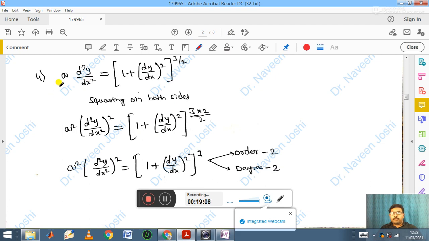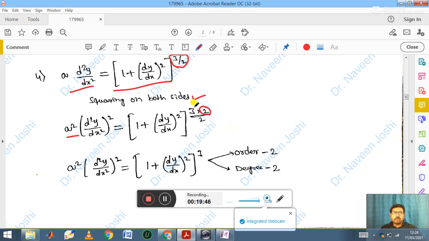Fourth one, the given differential equation is a d²y/dx² equals (1 plus (dy/dx)²) whole power 3/2. So it consists of the fraction 3/2. Hence you do squaring on both sides. Then your given expression becomes a² (d²y/dx²)². The RHS expression becomes (1 plus (dy/dx)²) whole power 3/2 into 2.